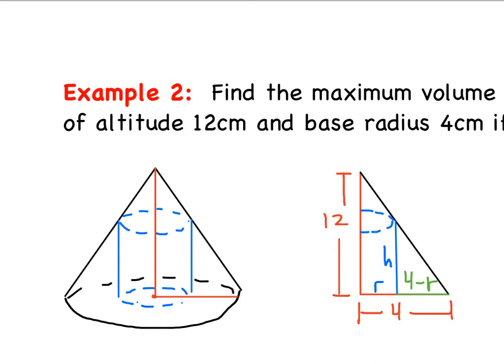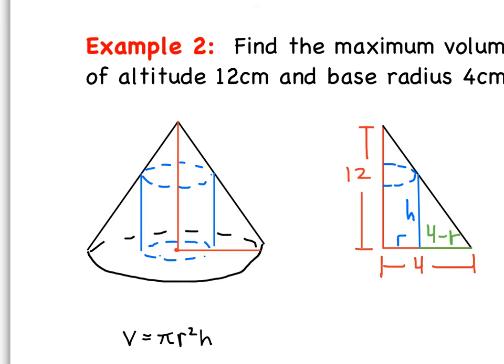So now what you should remember is that the volume of a cylinder is V equals pi r squared h. Well, this is two variables, r and h. So we want to use this setup over here to get h in terms of r. How are we going to do that?